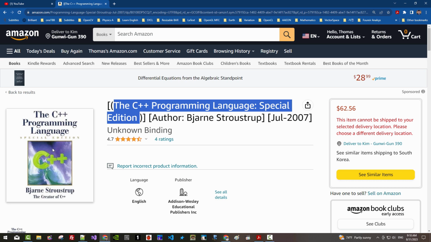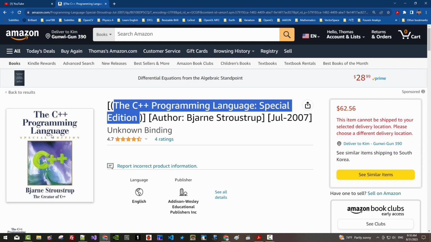I spent another 6 months to completely understand Stroustrup's The C++ Programming Language.